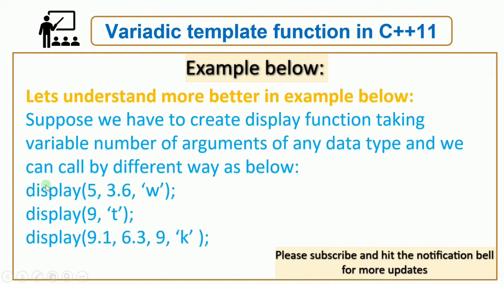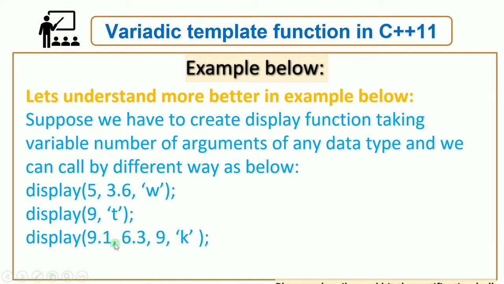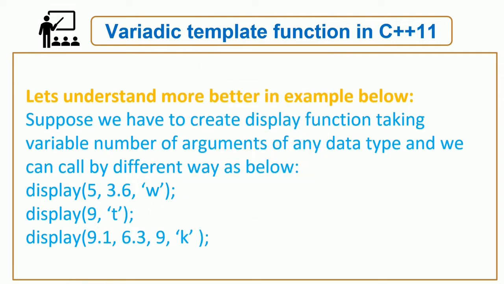So here you can see we can call it in any of these ways. In the first, when we call the display function, we are passing only 3 arguments, or we can call the display function and pass 2 arguments, or you can call display and pass 4 arguments. Therefore you can see the number of arguments is changing. We can call in any of these ways because we will see how we have made the display function a Variadic template function, where it can accept a variable number of arguments of any data type.